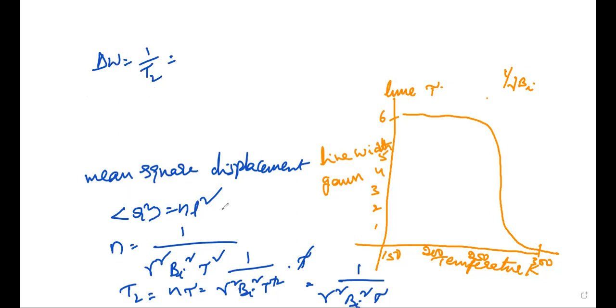So here T2 is nearly equal to 1 by gamma B_i, and delta W is equal to 1 by T2.